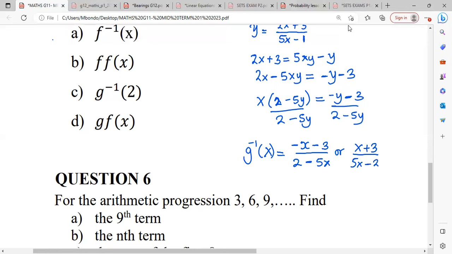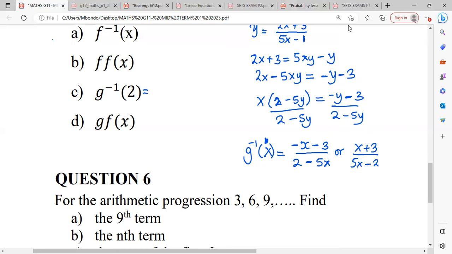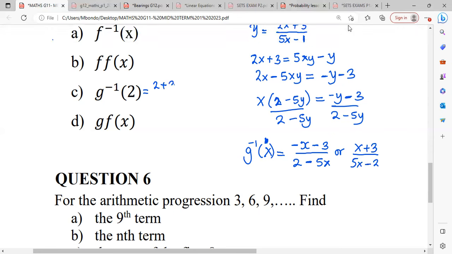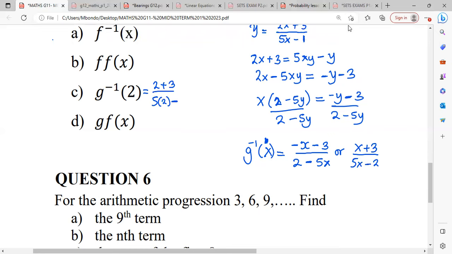Now, at this point, we want to find this one. This one has got a 2. So it means here when you put 2, the other side, you are also going to put a 2. So it will be like 2 plus 3 over 5 times 2 minus 2.